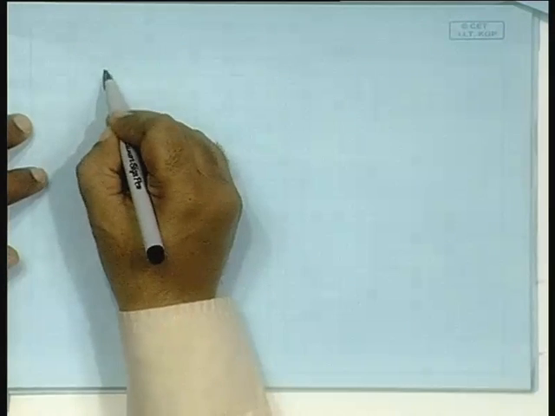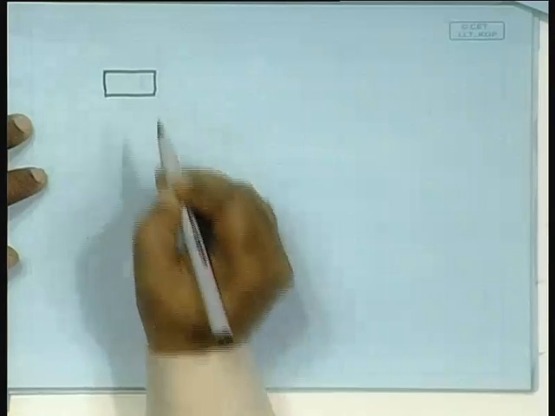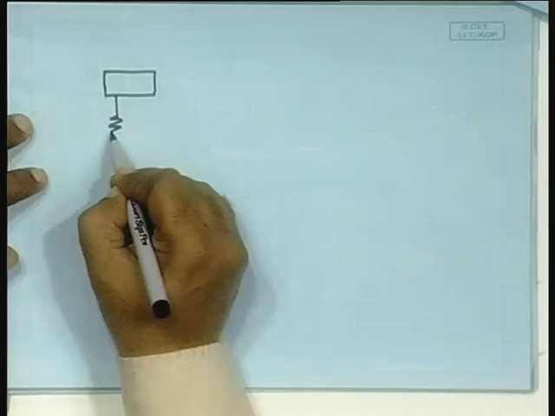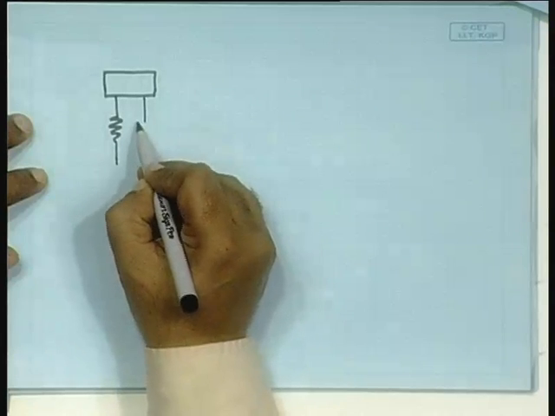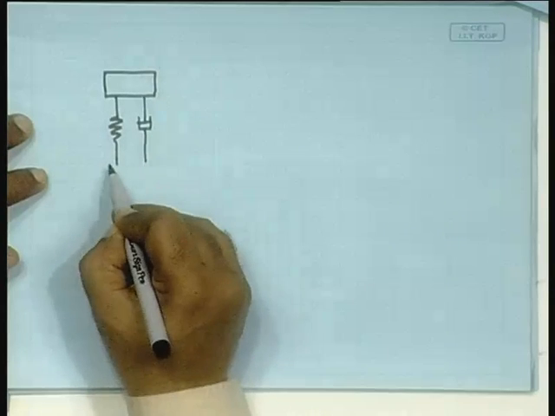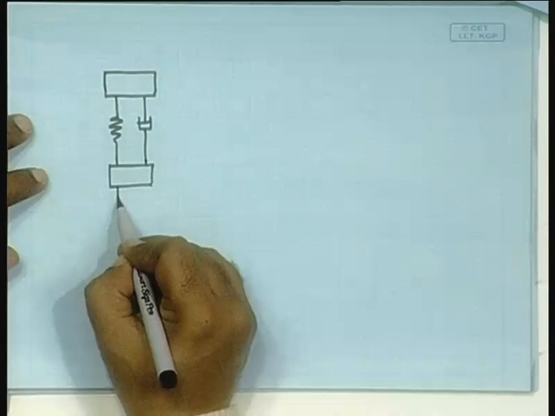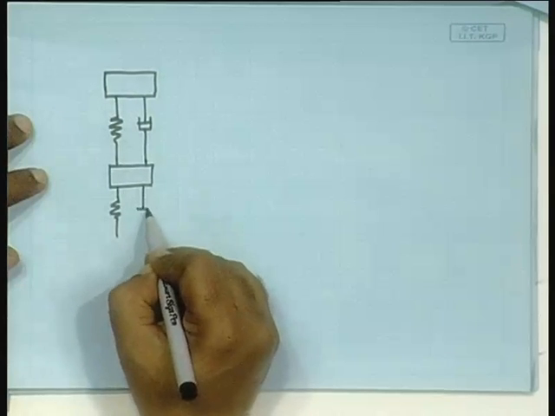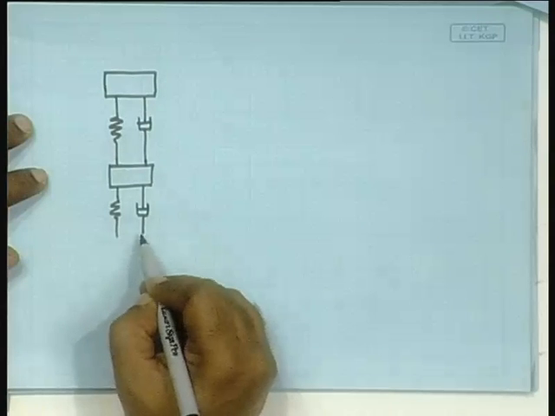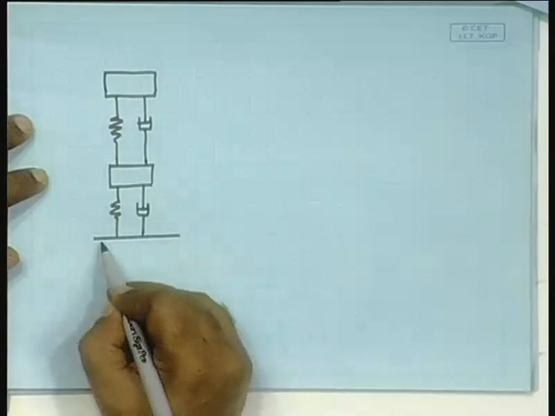Fine. So, we have learned how to use it. Can you just quickly write it for this system? Say there is a mass, there is a spring, there is a damper, there is another mass, there is a spring, there is a damper, and now it is resting on the ground.